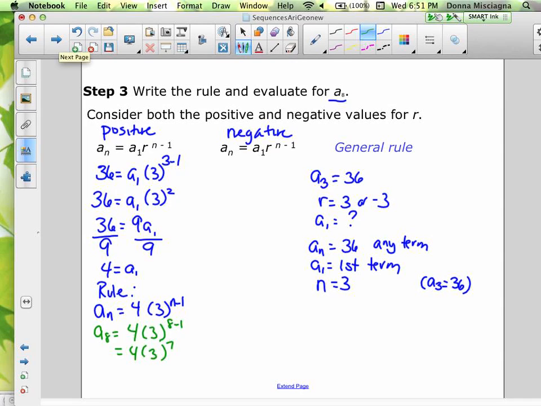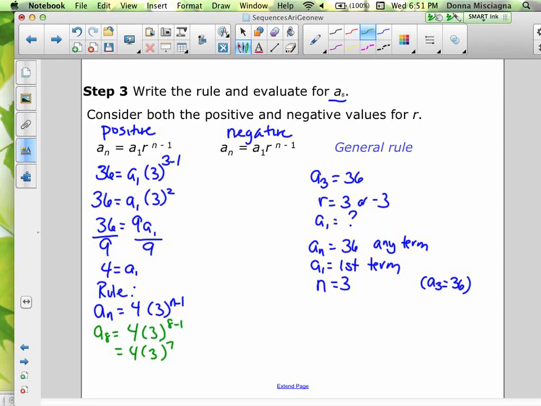Let's see how long it takes me to walk over in the dark, because I don't have the lights on, so I can see the overhead better, to grab a calculator. Here we go. All right, and now I have to see it in the dark. So 3 to the 7th power, and of course I did not grab the best calculator in the world.